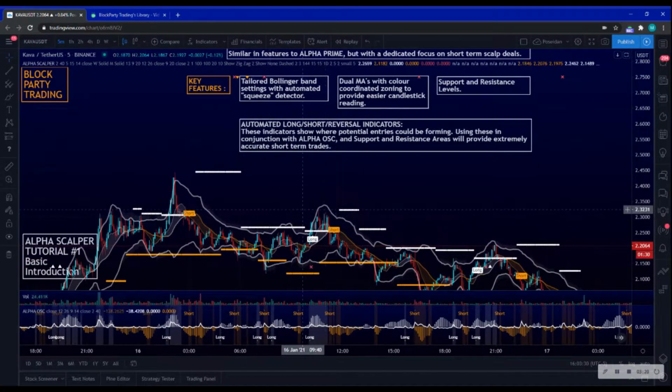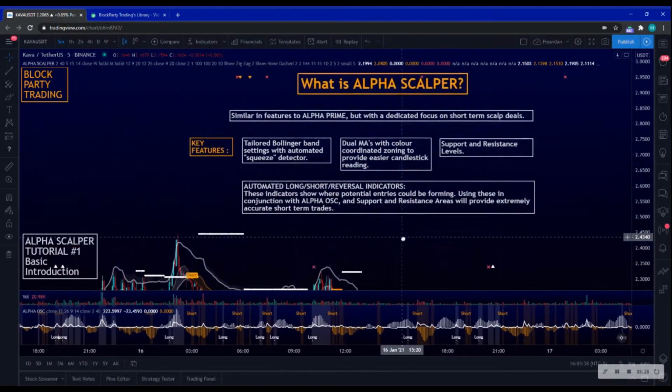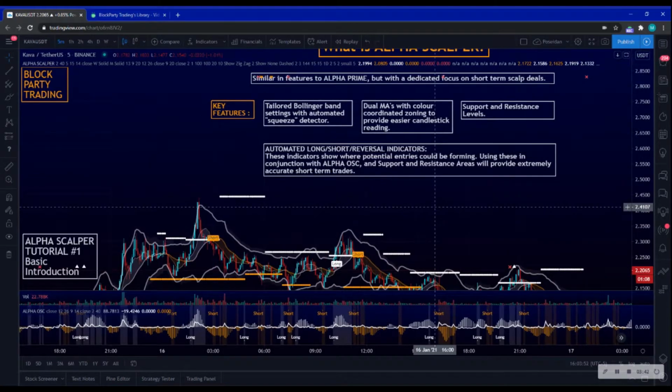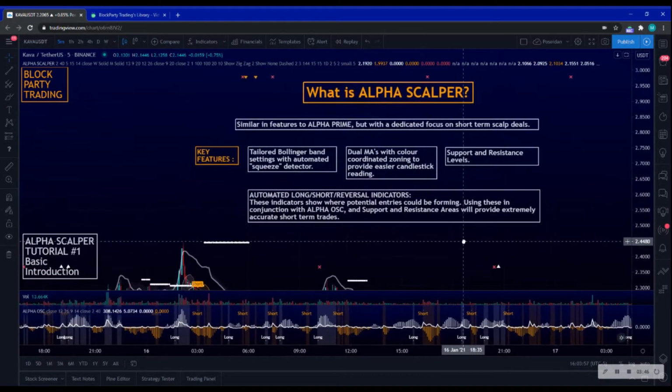If we take these automated signals and we confirm them with a couple things on the chart here, and we confirm them with the alpha oscillator down here, we are going to get extremely accurate short-term trades. Haven't worked out the exact percentage that we hit because this is fairly new, but I believe Christian went 4x on an account the other day. Not the other day, but over the course of a week using Alpha Scalper.